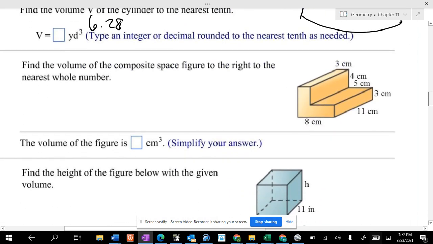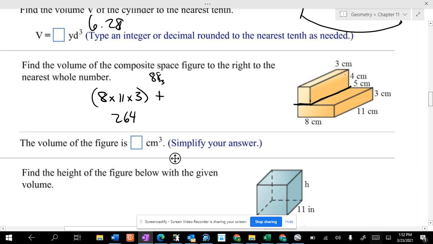When you get a composite space figure like this, you cut it apart. I'm going to cut this one like, which way should I cut it? Maybe I'll cut it like this. So we have a top and a bottom. The bottom is 8 by 11 by 3. 8 times 11 is 88 times 3 is 264.